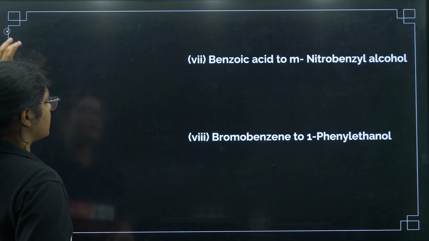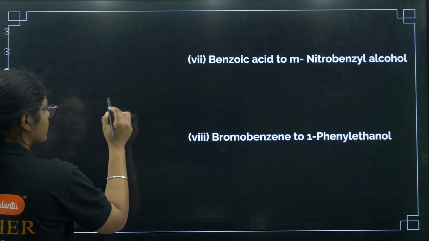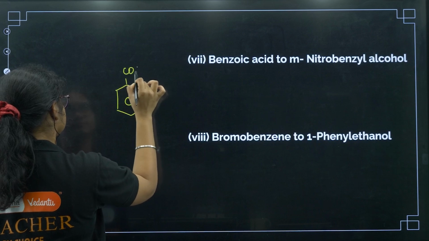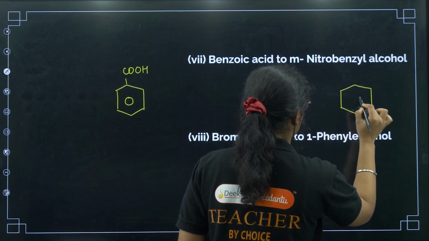Now let us do the next question, benzoic acid to meta-nitrobenzyl alcohol. This is also very simple. You have benzoic acid already, and you need meta-nitrobenzyl alcohol.